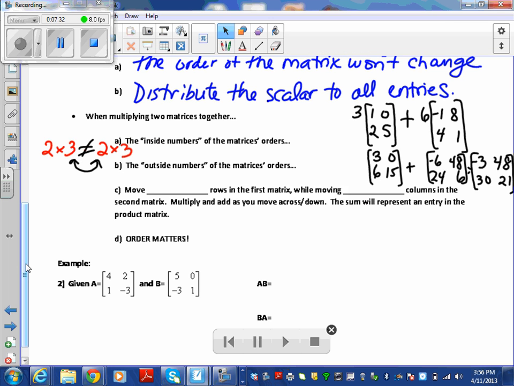But if I asked you to multiply a 2 by 3 times a 3 by 5, this you could multiply. If you look at those inside numbers, they are equal to each other. So then you need to figure out what the order of the answer or the product will be, and that is where you use those outside numbers.